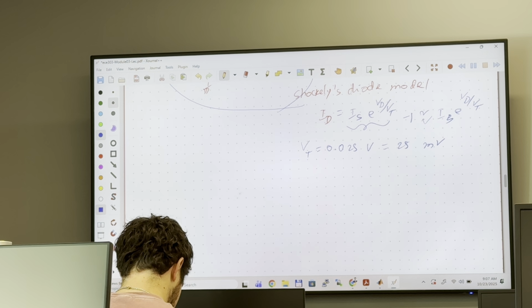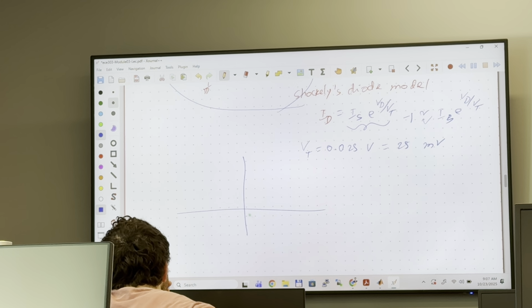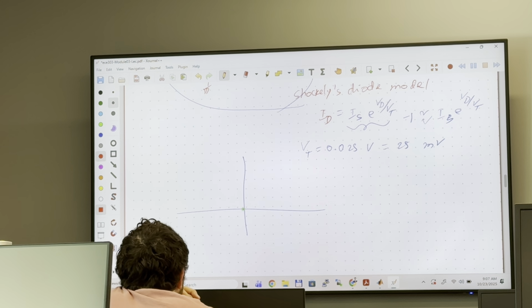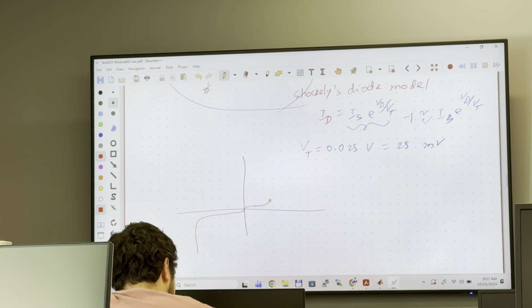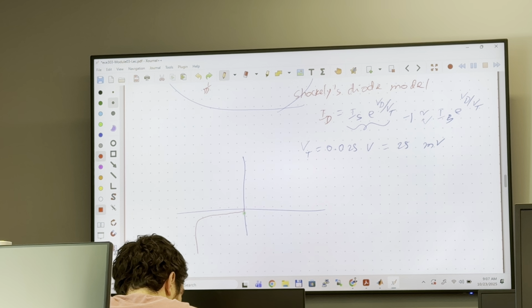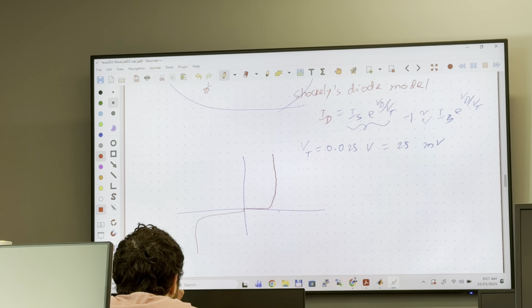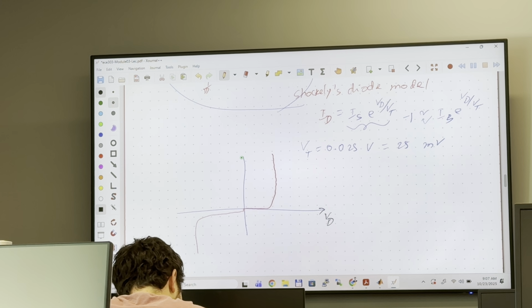Now, once you find this DC biasing, this diode is basically a nonlinear device, where the x-axis is VD and the y-axis is I. After DC biasing, we get some point.